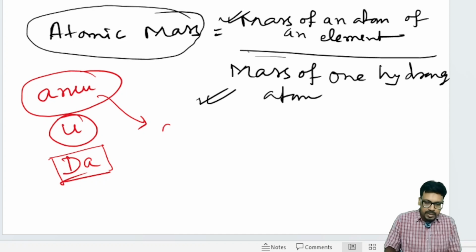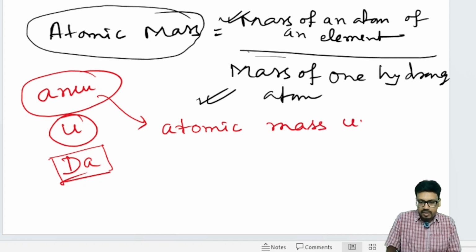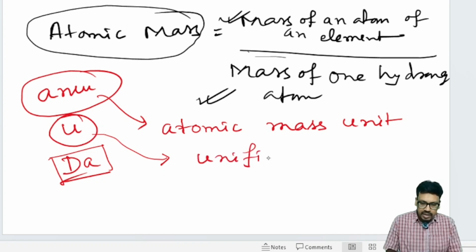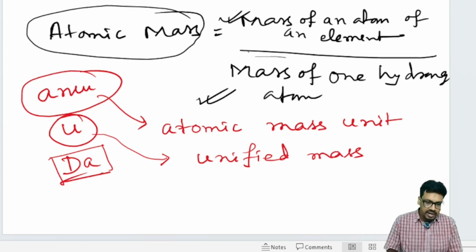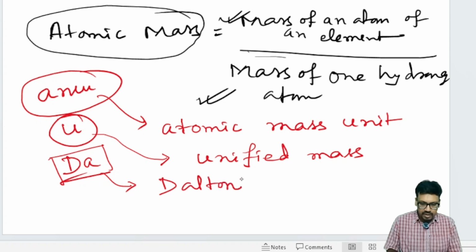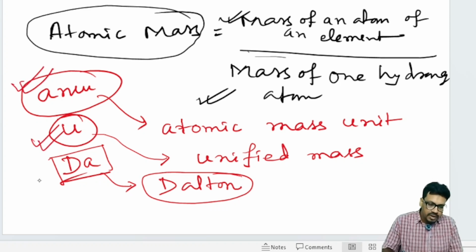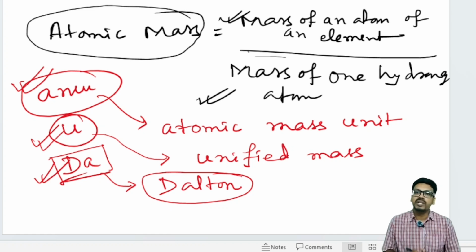AMU is called atomic mass unit, and the second one is U, which is called unified mass. And Da is called Dalton. So there are three types of unit, but all units are the same.